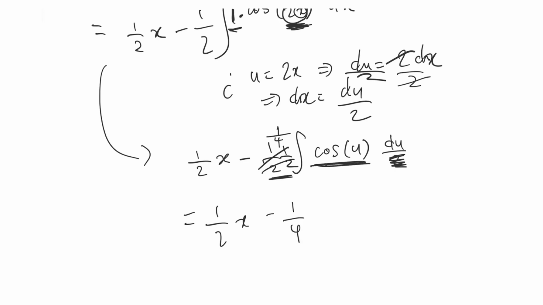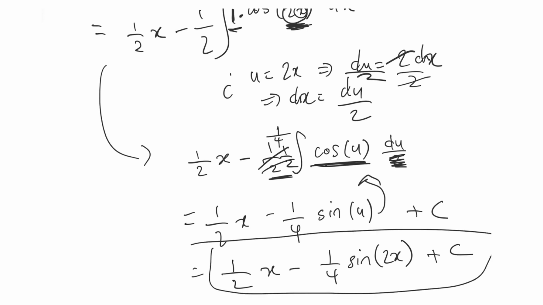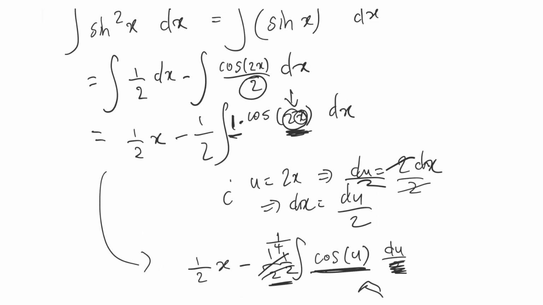Integral of cosine u is sine u, because the derivative of sine u is cosine u. And we have our plus c. Simplify 1 over 4 sine of u, which is 2x, so we have a 2x here, plus c, which is a constant. Great, we found the integral using power rule, u substitution, and rewriting the expression that we had in the very beginning.